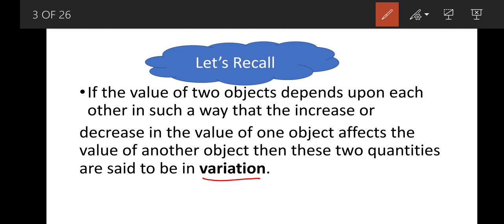So, here also we have understood with the help of these two examples that two quantities are said to be in variation if any increase or decrease in one quantity causes the increase or decrease in other quantity. This is what the definition of variation is. Variation or proportion, it is one and the same thing.